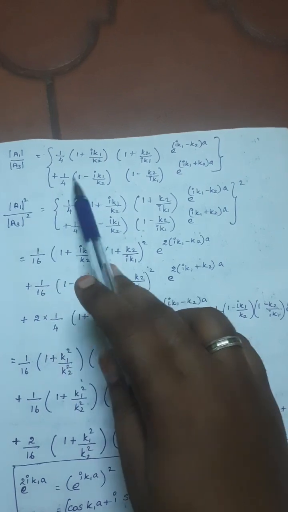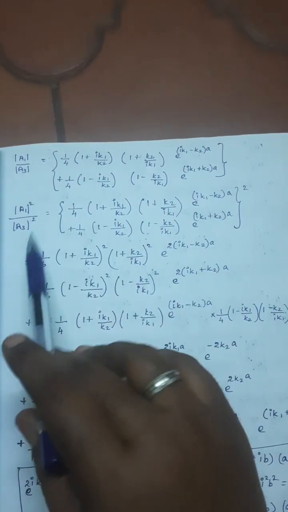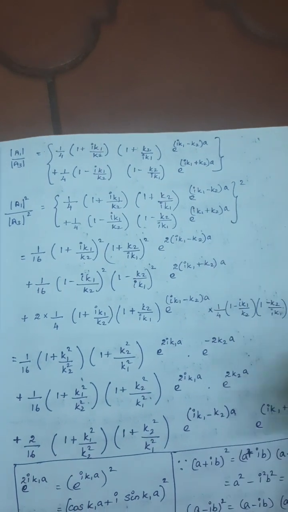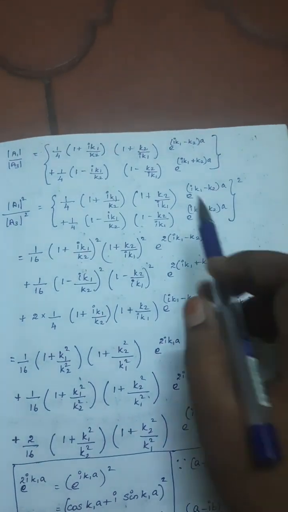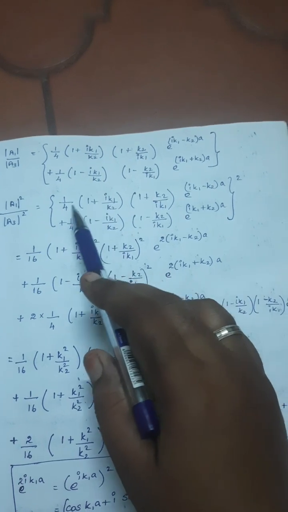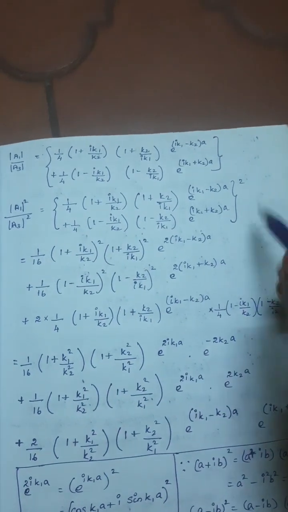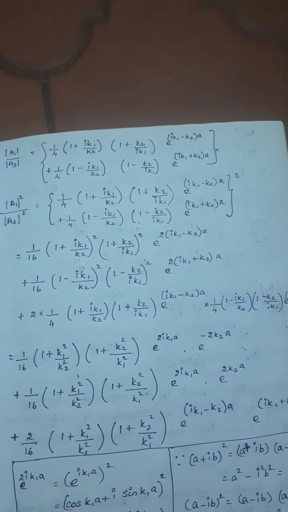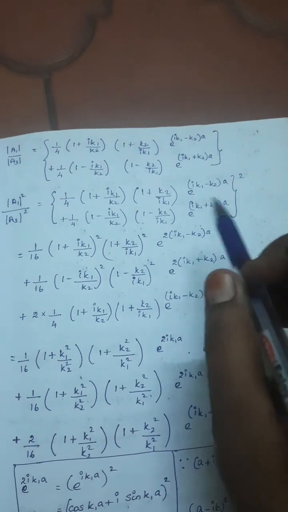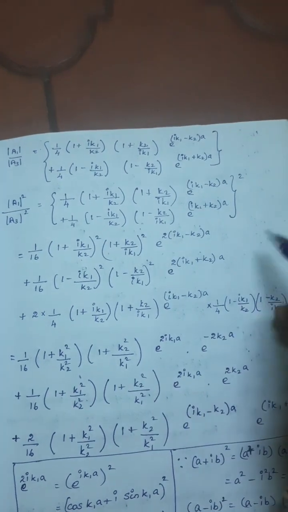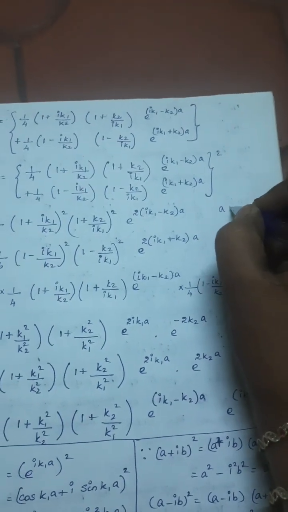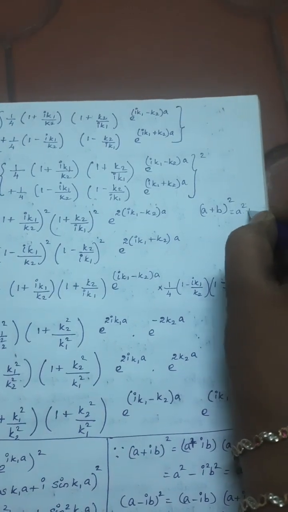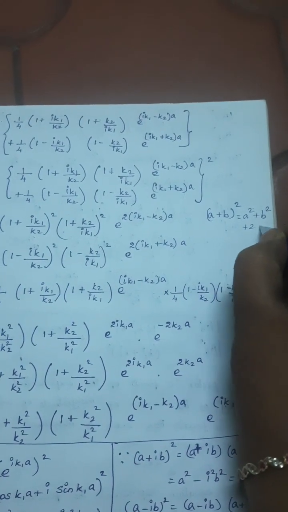So A1 by A3, this equation, when squared means this term is squared, that is this term into another term, which is simply the conjugate term. In our case we have used the formula, A plus B the whole square is equal to A square plus B square plus 2AB.